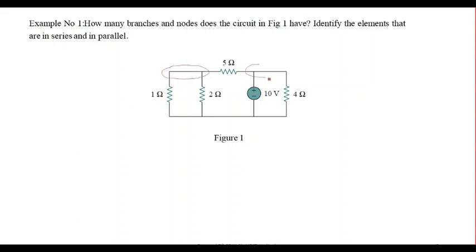The second common point is this one, and this is the third. These points where the common elements meet, we can call them nodes. So we'll call this node number 1, node number 2, and node number 3.